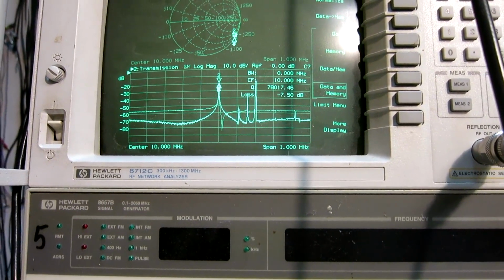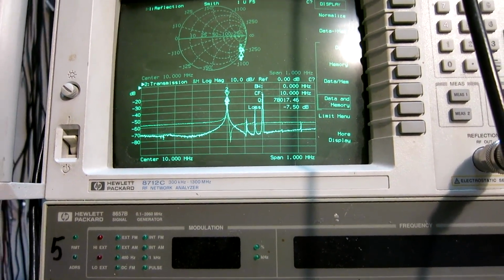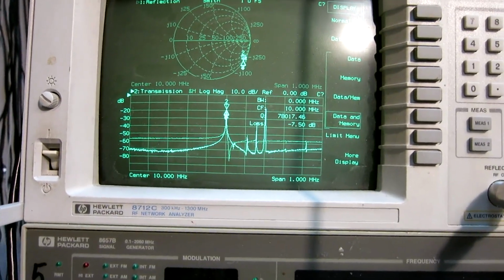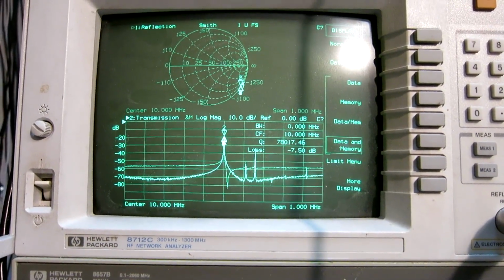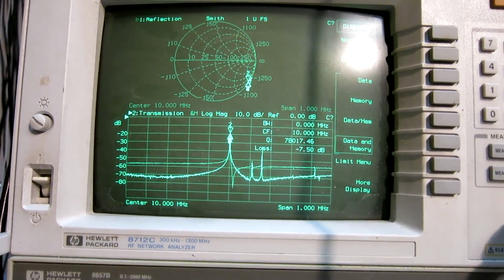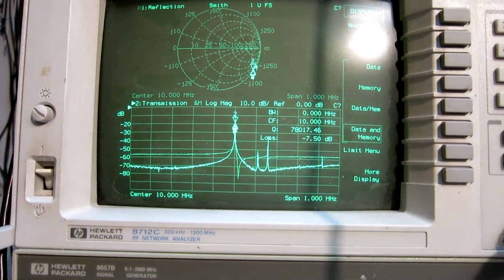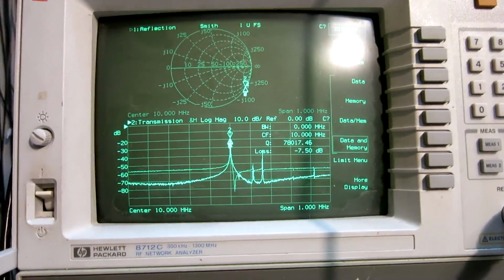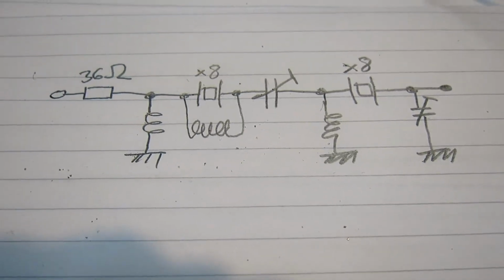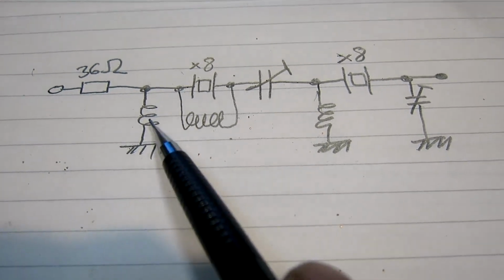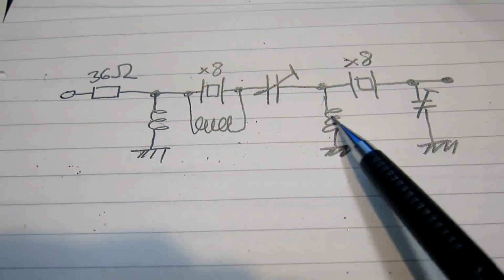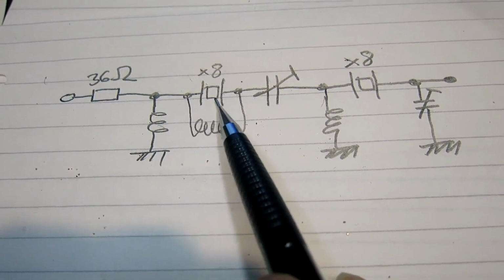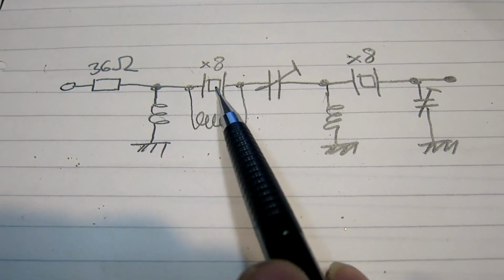And now the magnet is not there anymore. And you can see it is a little bit more unsymmetric. The resonance has moved here. So this is the filter I will try. Small inductors here and here to set low impedance on the two sides of the very low impedance crystal group.